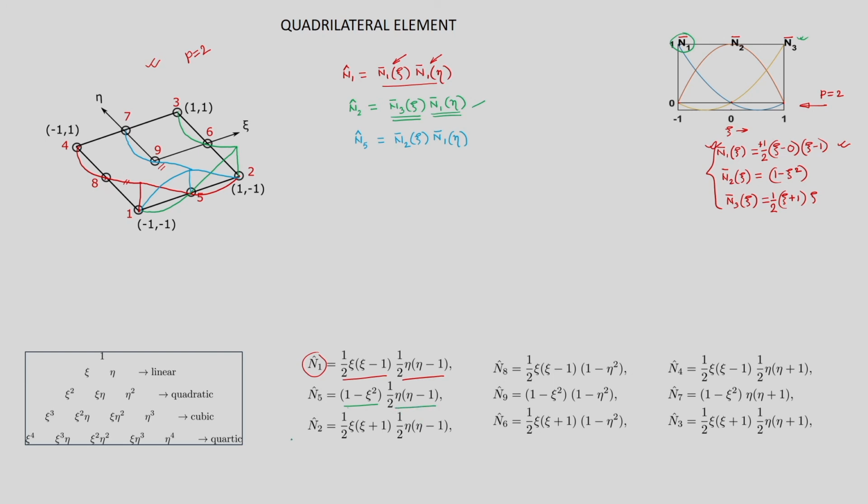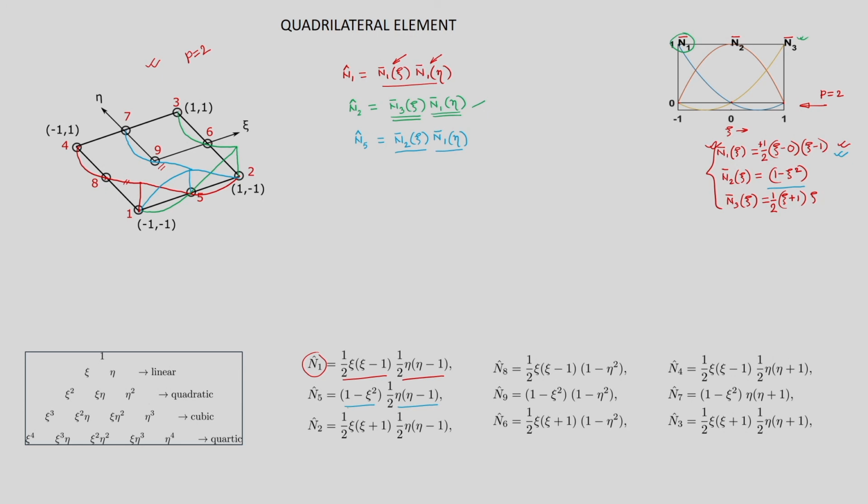So that is what we are showing here, alright. Now if we look at N5, N5 is denoted by the blue one. N5 is N2 in xi into N1 in eta. So N2 in xi is 1 minus xi square as derived here, and N1 in eta is the same as this one, alright. So likewise we can construct all the shape functions for the quadrilateral element with p equal to 2.